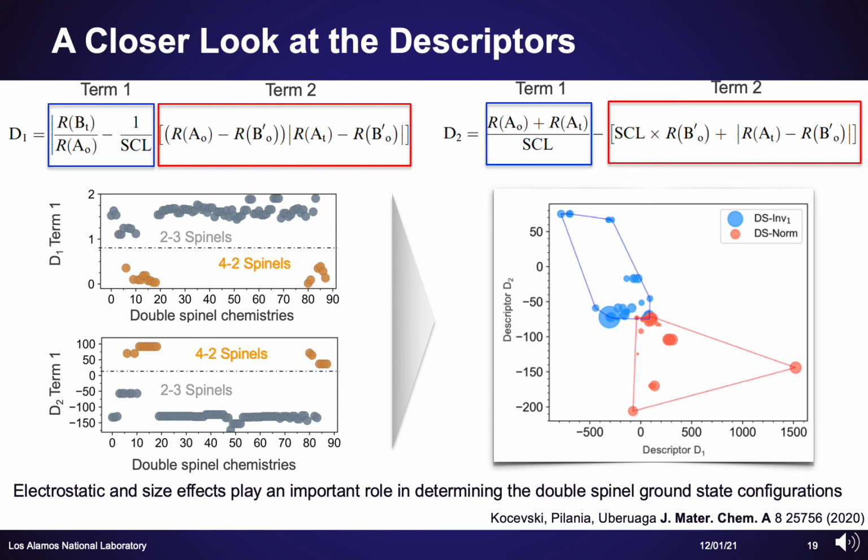Naturally, the categorical feature SCL plays a dominant role in these terms. This analysis provides a transparent understanding of the identified descriptor pair, showing that interplay of both strain and electrostatics drives the energy differences between the cation orderings, and whether a double spinel is inverse or normal in nature.